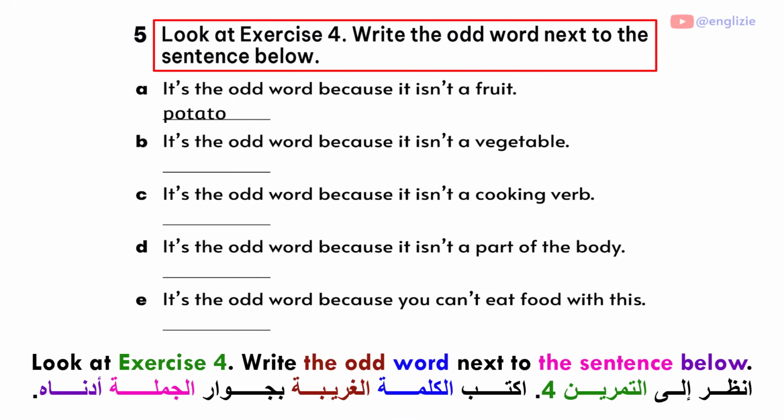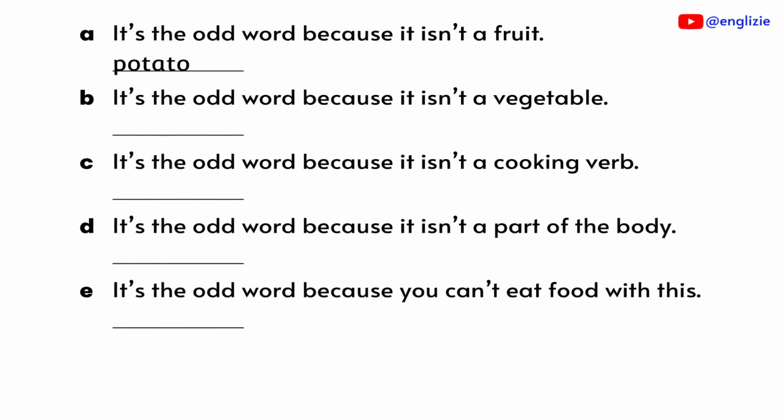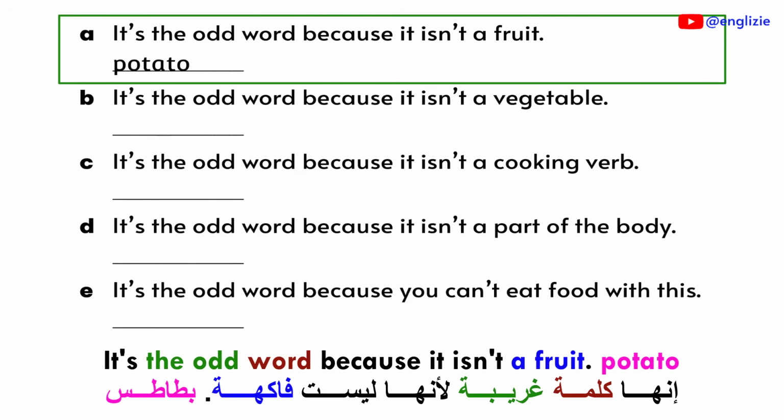Look at exercise 4. Write the odd word next to the sentence below. A. It's the odd word because it isn't a fruit. Potato.